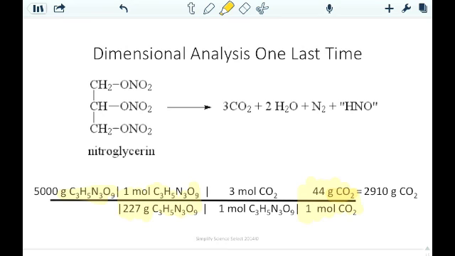Remember, we always have to use our mole ratio to convert from nitroglycerin to CO2. Rules still apply: anytime you see grams, you need the molar mass, and that's why we have the molar mass twice, because we're going from grams to grams.